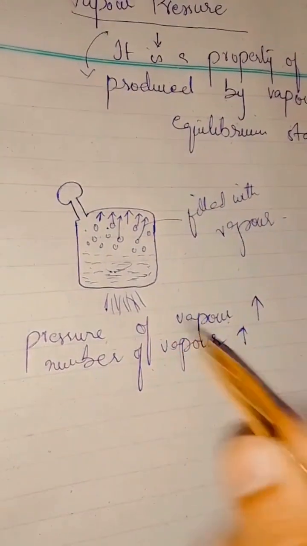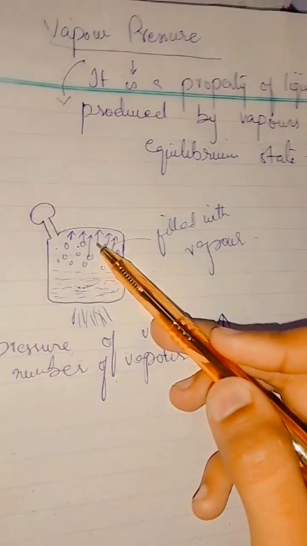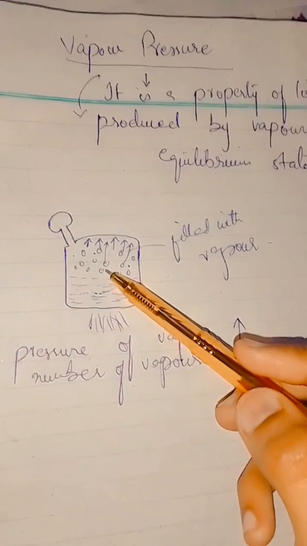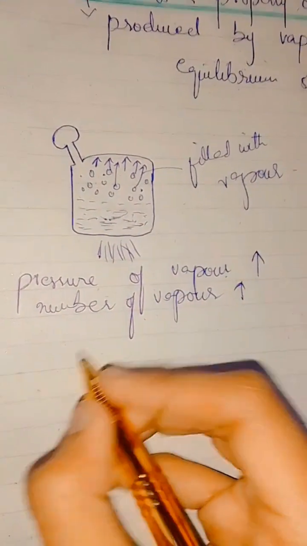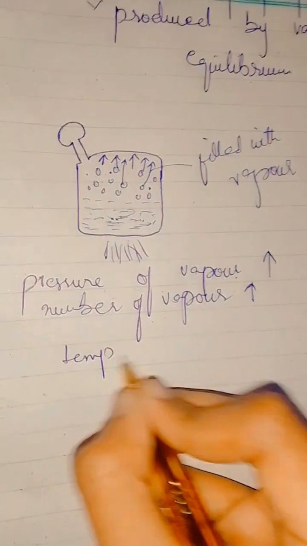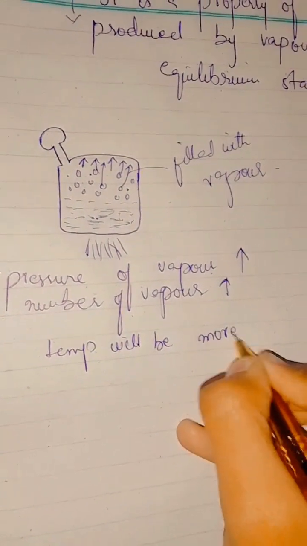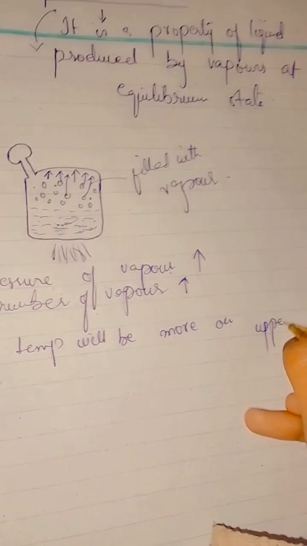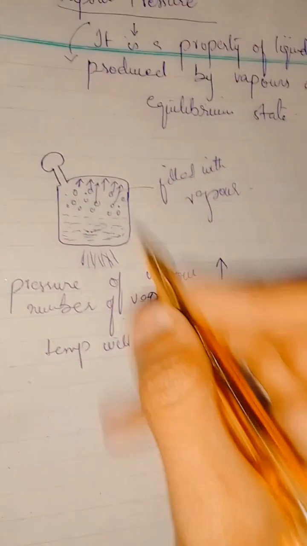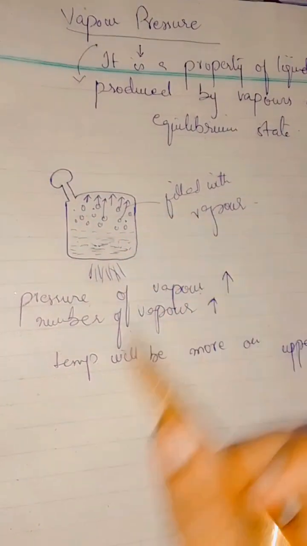Now, these liquid molecules have converted into vapors, so that empty space is now filled with the vapors. The temperature will be more on the upper side, in the empty space where vapors are accumulating, where the vapors are collecting.